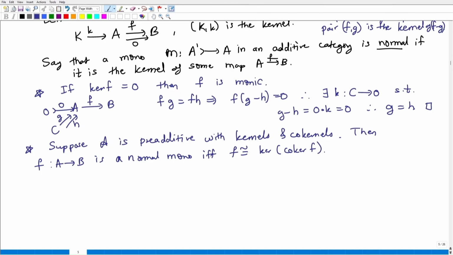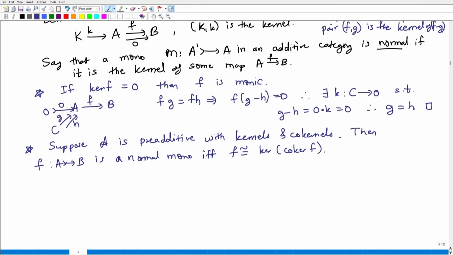Now here I am using isomorphism for two morphisms. F is given to be a mono, a morphism with target B, and the kernel of the co-kernel of F is also another mono. So when I am talking about this isomorphism, what do I really mean?